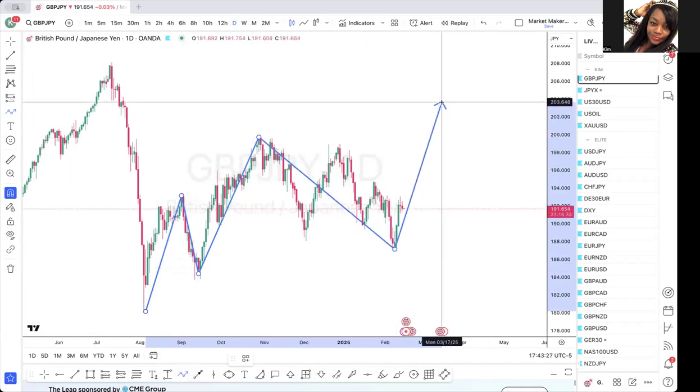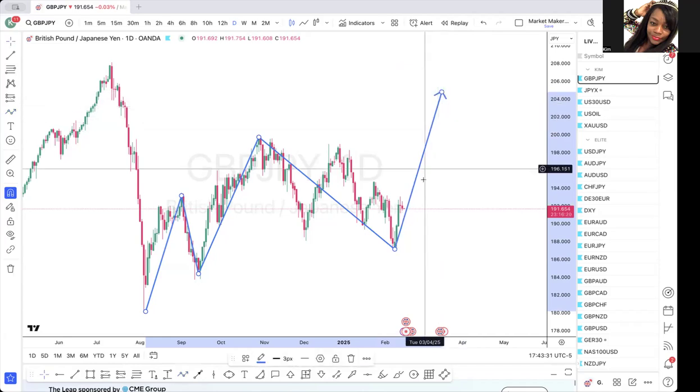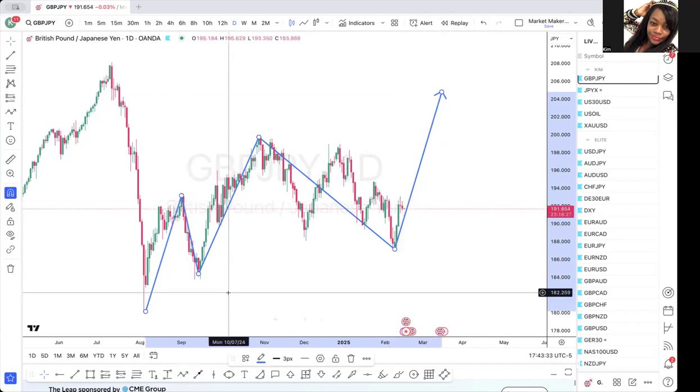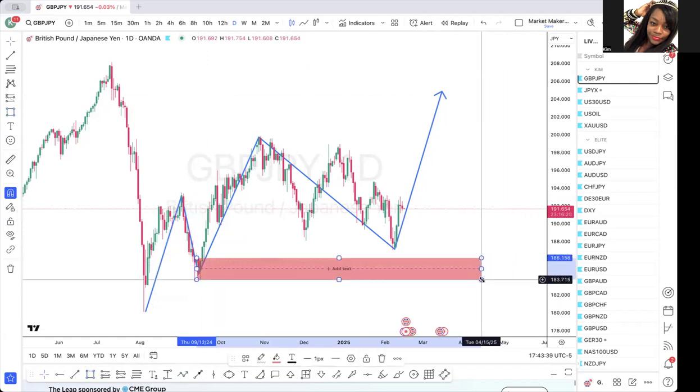But I know I'll be taking my trade once I get to this demand zone. We'll be taking all the trades, we'll start buying all the trades up, at least up to this high.